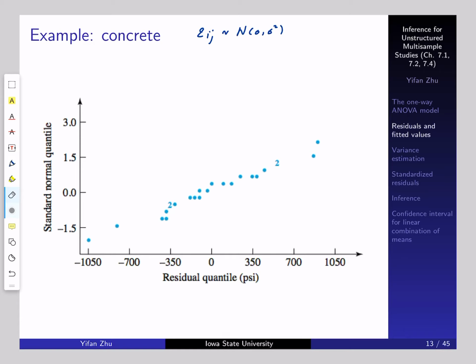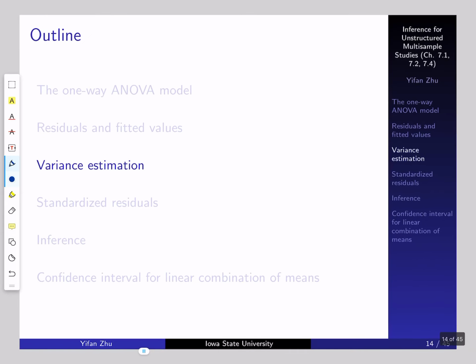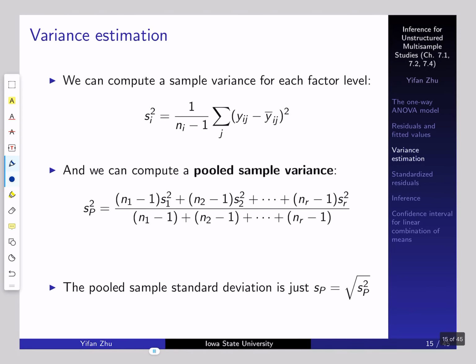For the concrete data, we can see that all the points in the QQ plot are falling around a straight line. So that is also good. That means the residuals are almost normally distributed. And our normal assumption in the model is also plausible.